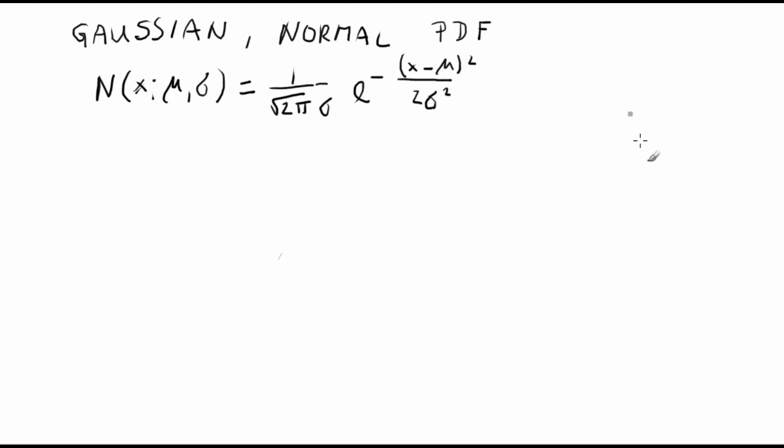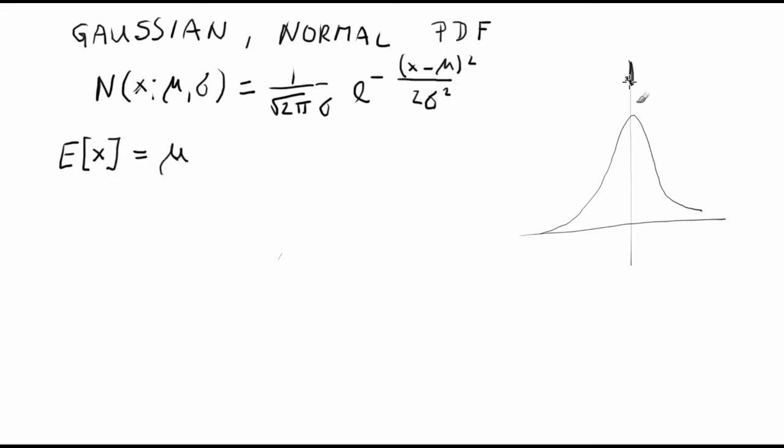With this definition of the normal distribution, we will heavily profit from the definitions of the mean value and variance. Expectation value of x equals mu, and variance of x equals sigma squared.